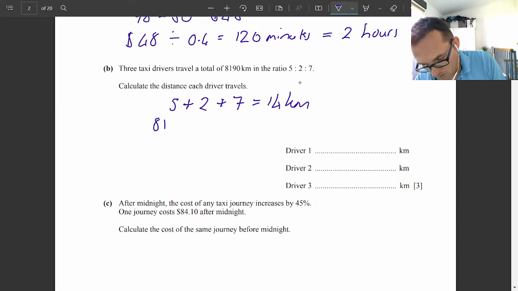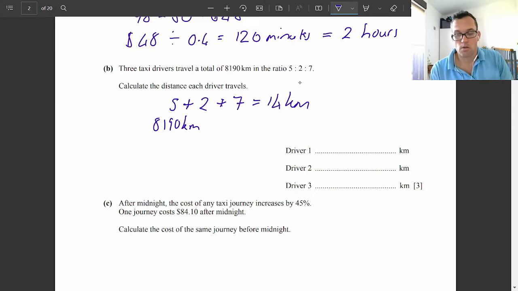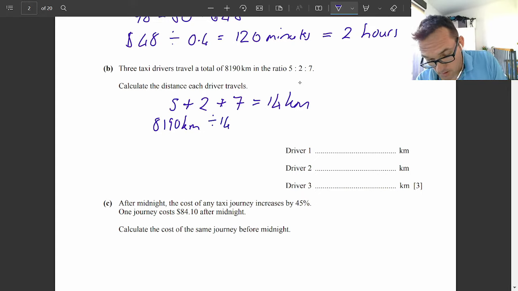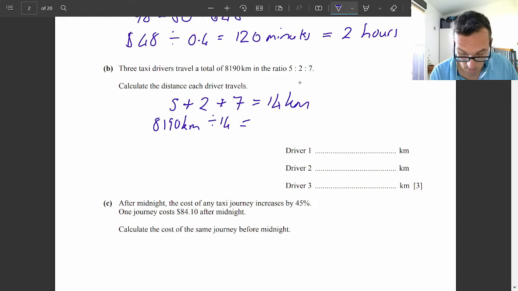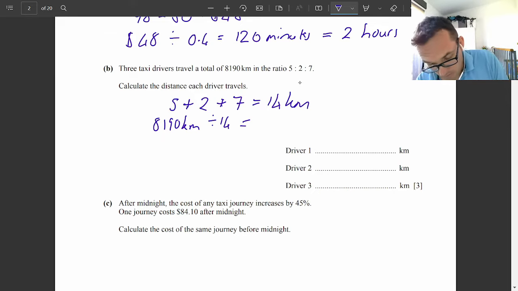Only difference is they did not travel 14 kilometers. They traveled 8,190 kilometers. So we need to keep adding up the distance each one travels, 5 plus 2 plus 7, 5 plus 2 plus 7, until we get 8,190 kilometers. Or the quicker way of doing that is dividing it by 14. 8,190 divided by 14 is 585 times.